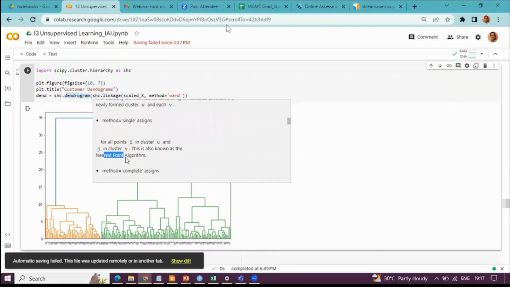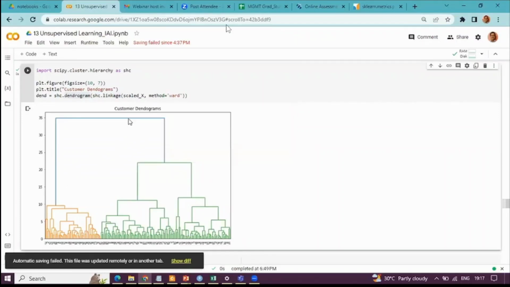Nearest point is nothing but the smallest distance. So when one cluster is looking at joining with another individual or another cluster, we look at the nearest distance. Even if one observation in that cluster has the nearest distance with the second observation or third observation, then they are joined.